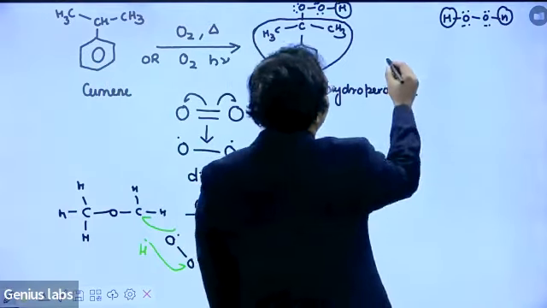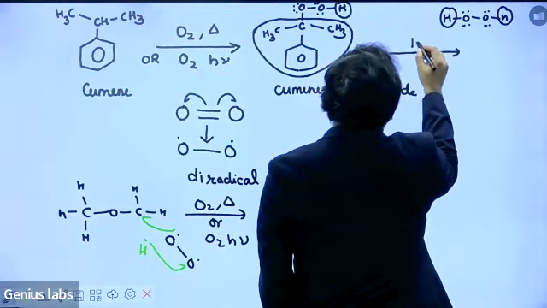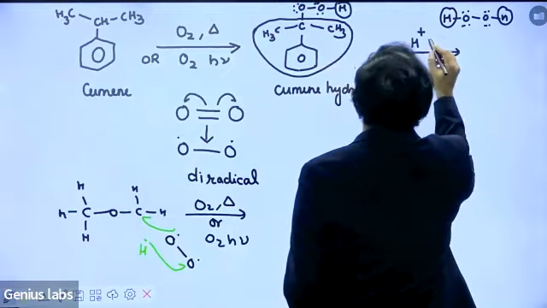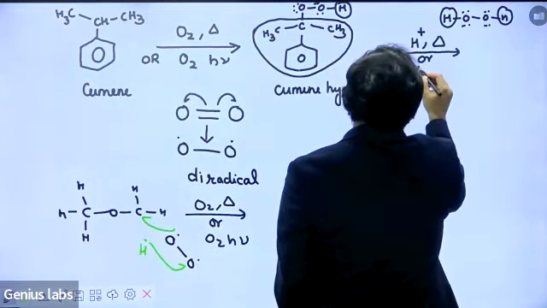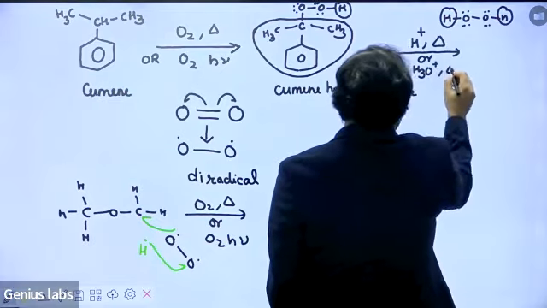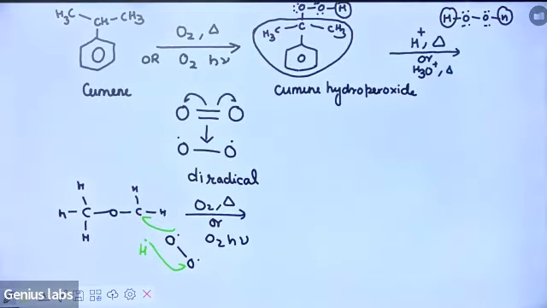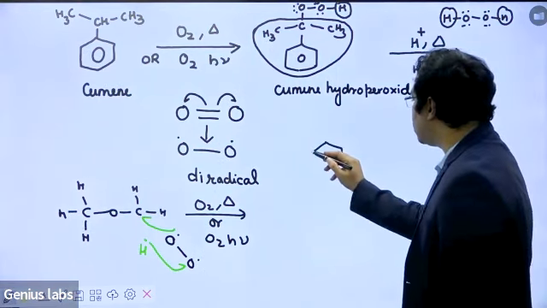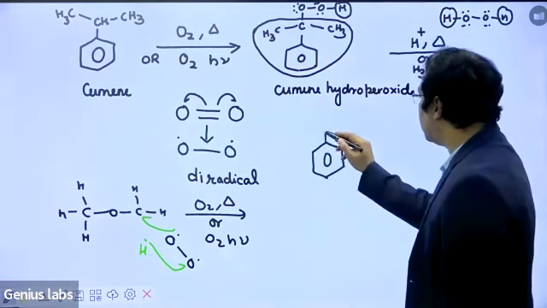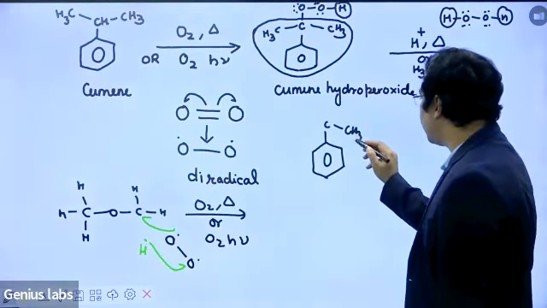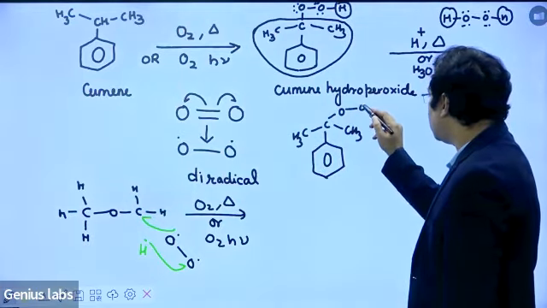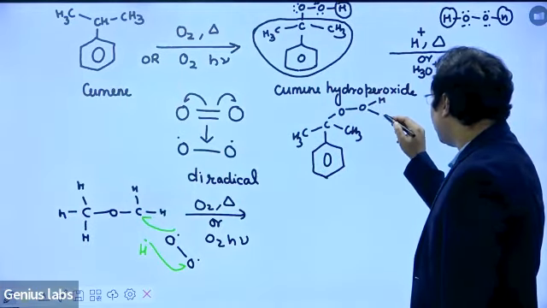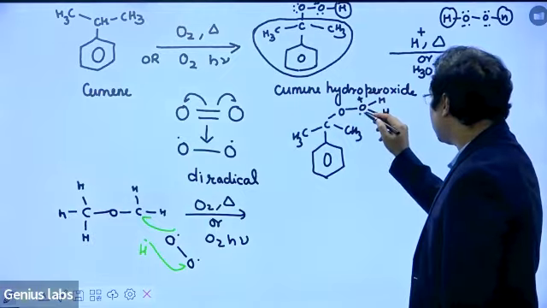Now they will provide you H plus and heat. After this, H plus or heat, or sometimes they will write H3O plus and heat. The meaning is the same. They are giving you H plus. So what happens? The structure drawn here will have CH3, CH3, oxygen, oxygen, H, and one H joins here.